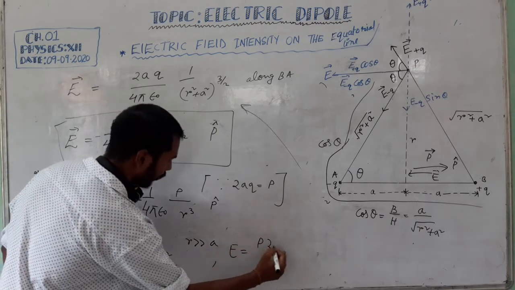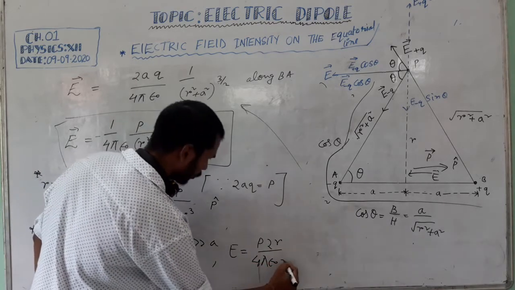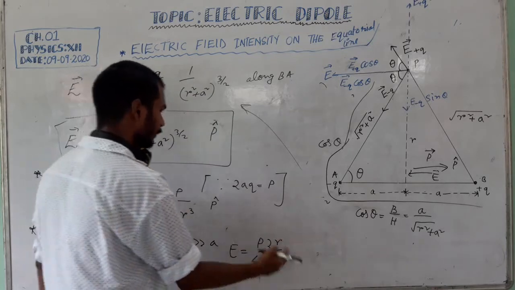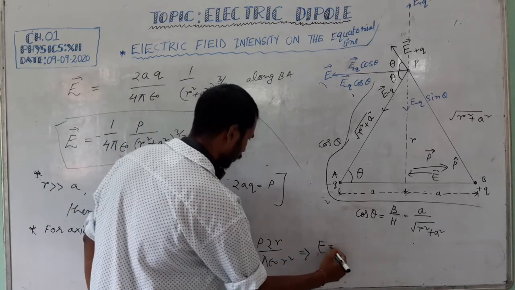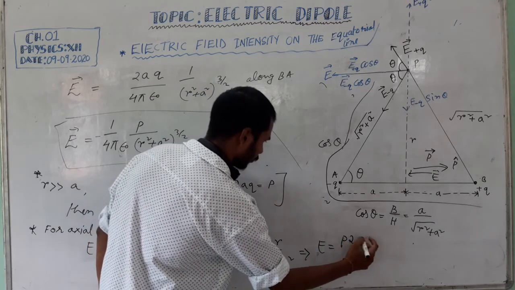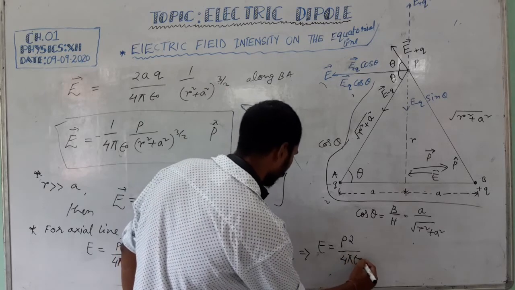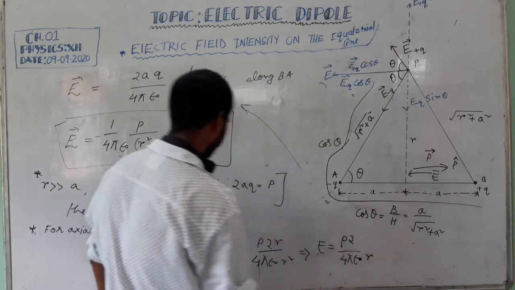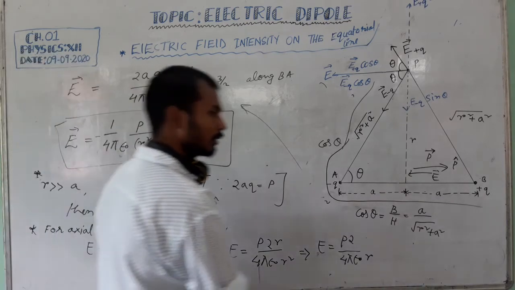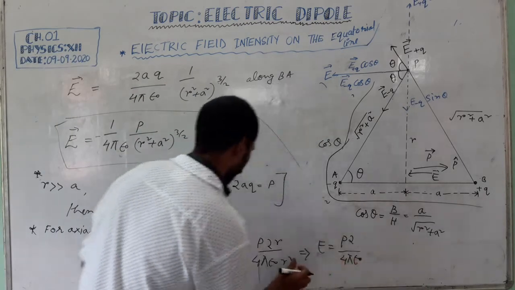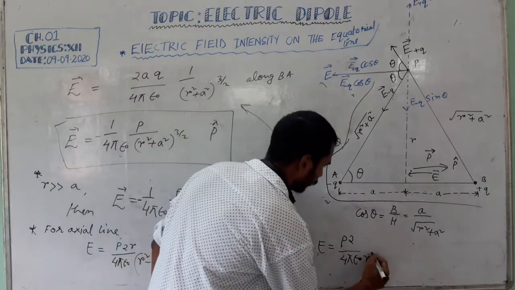So the electric field is p twice r divided by 4 pi epsilon naught r square whole square, and we can cancel. Sorry, that was a mistake: this will be r to the power 4, so E equals 2p by 4 pi epsilon naught r cube.